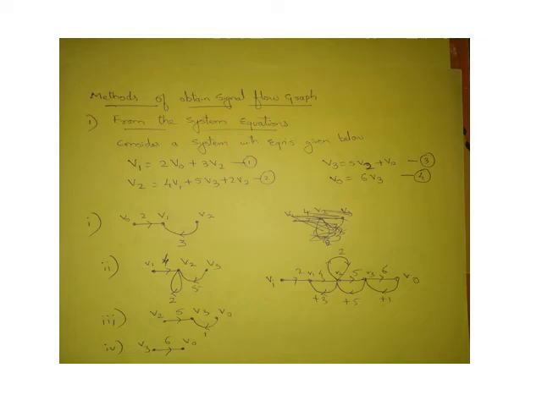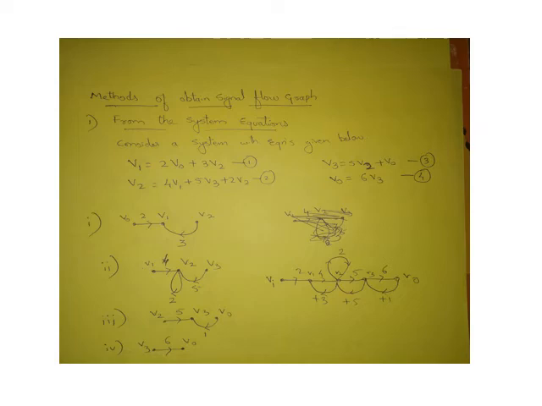From VI we are getting a signal to V1. Write an arrow showing the signal direction with the gain 2, so we have 2 VI. So here it is starting at VI and coming to V1 with a gain of 2.